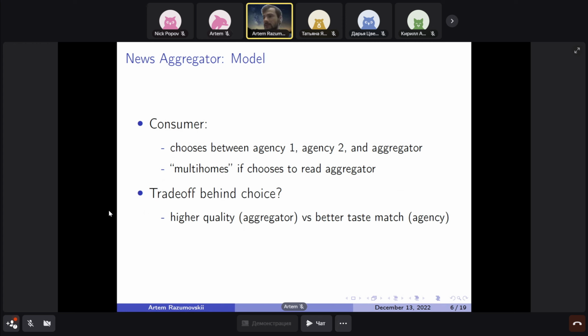So would I read Metro or Komsomolskaya Pravda? I already know, I have my utility, I have my preferences across Metro and Komsomolskaya Pravda, and given quality is chosen, I already know which newspaper I will pick.